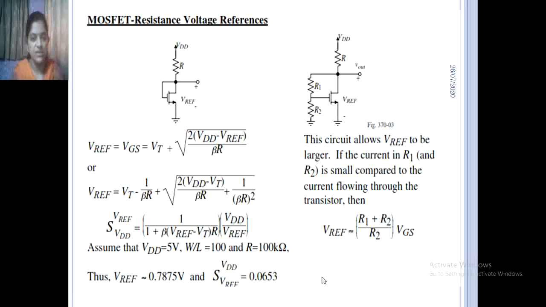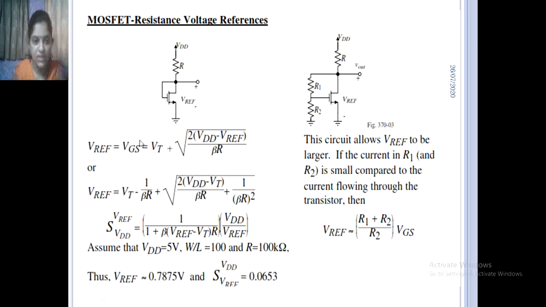Then the MOSFET resistance voltage reference. Let us see it. Here the MOSFET is taken, and the gate terminal is connected to the drain.